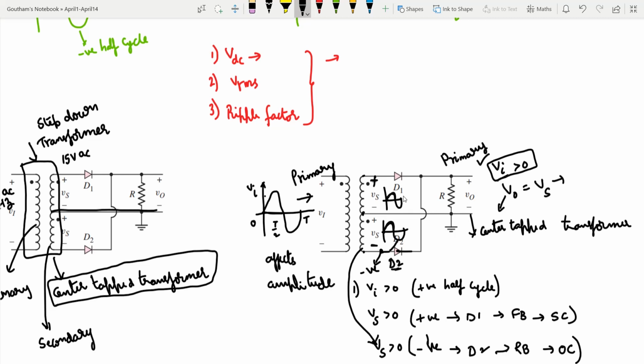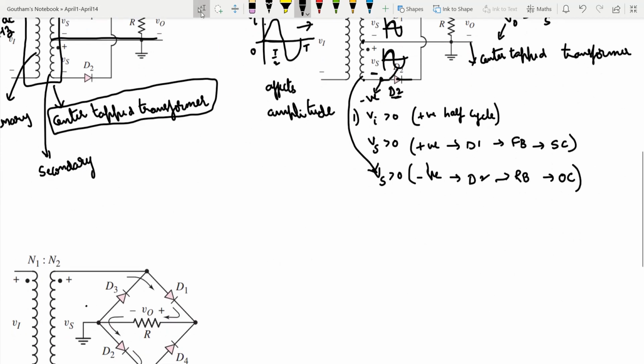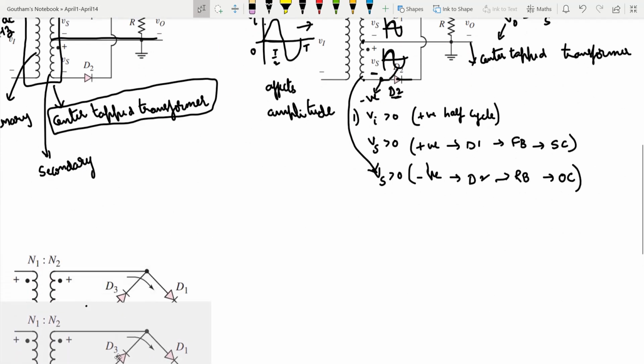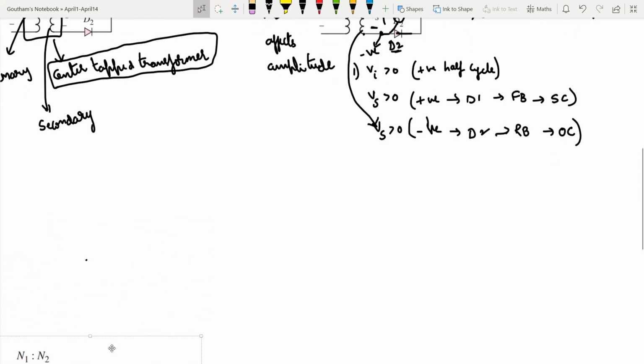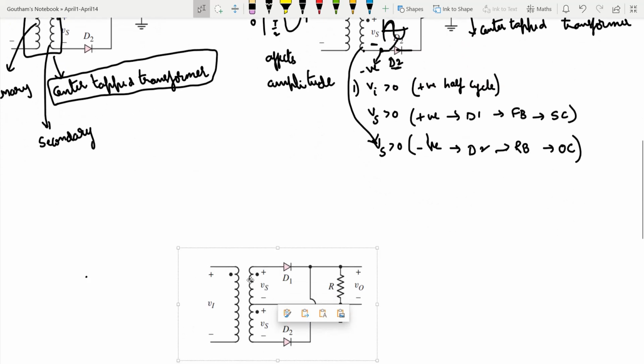Right, now let us see what would happen in the negative half cycle.